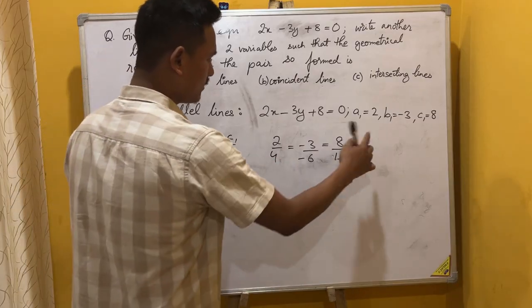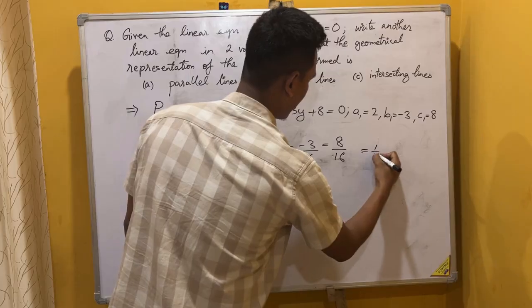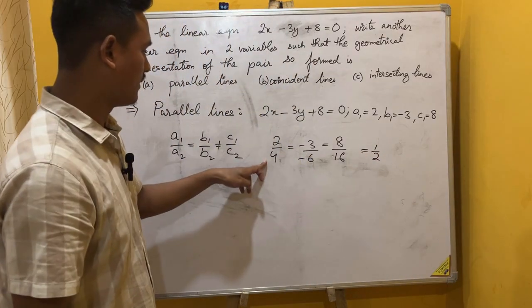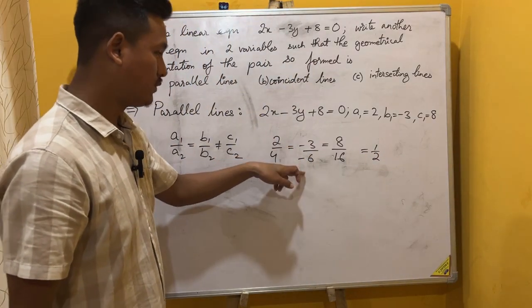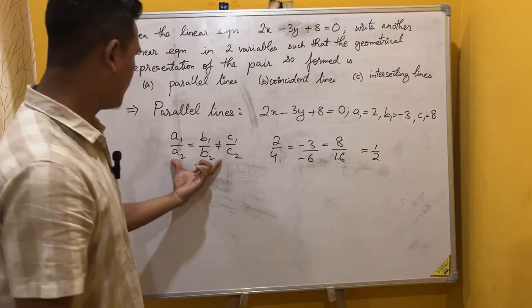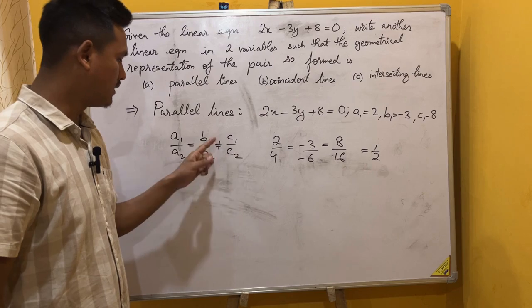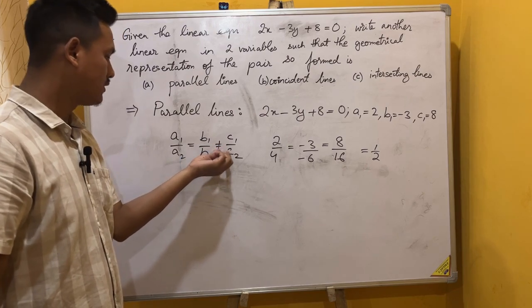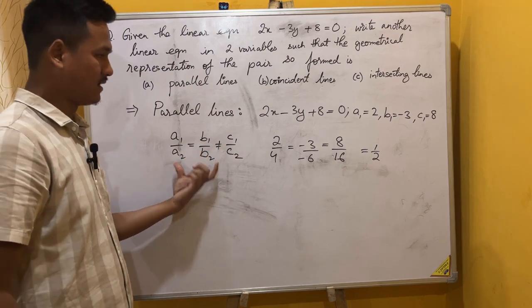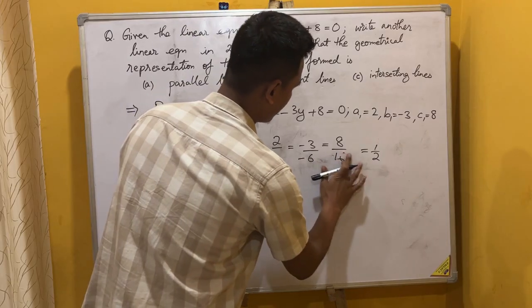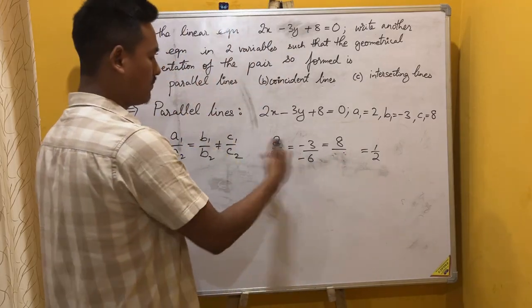Every ratio is equal to half. So this is 1 by 2, 1 by 2 and 1 by 2. But the condition says that the last ratio C1 upon C2 must not be equal to this. So we can change this number by any other number so that it does not become equal to this.